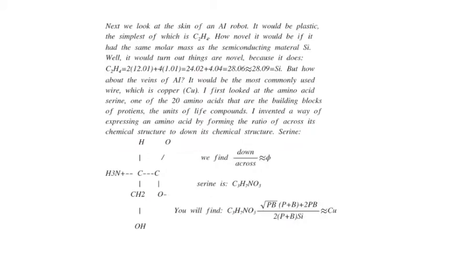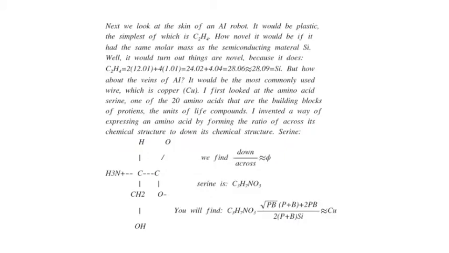C2H4 equals 2 times 12.01 plus 4 times 1.01, which equals 24.02 plus 4.04 equals 28.06, which approximately equals 28.09, the molar mass of silicon, Si. But how about the veins of AI? It would be the most commonly used wire, which is copper, Cu.